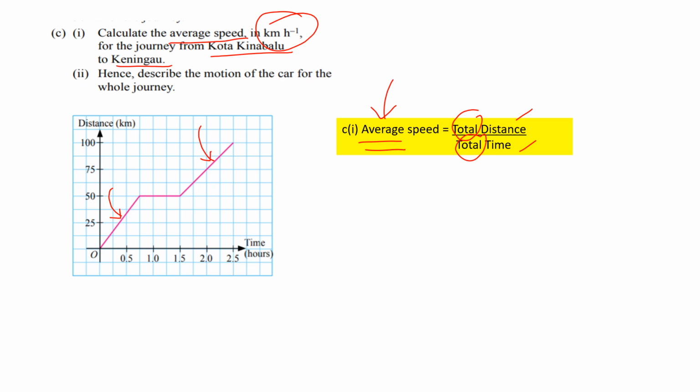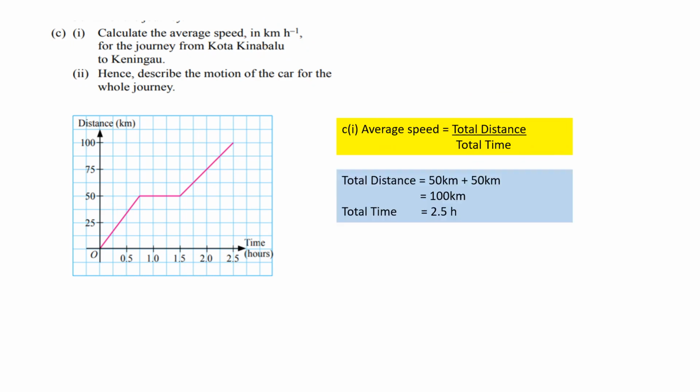the speed changes. You can see also from the graph, it's not the same gradient. So how to find the average speed? You just use this formula. Very simple. So the total distance is, first for this speed it is 50, and then for this speed it is another 50, because 100 minus 50.